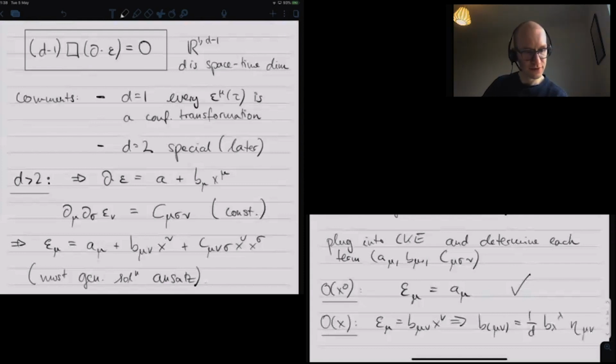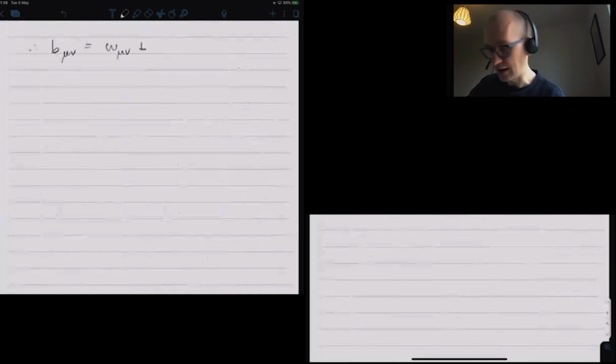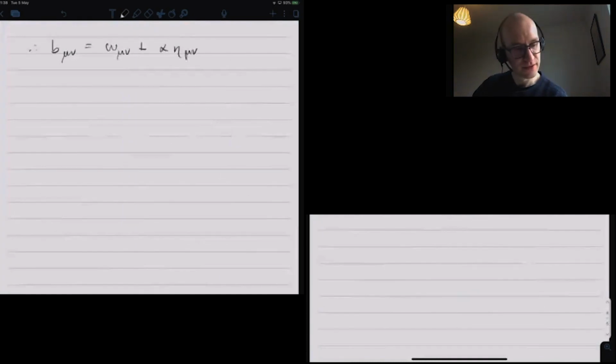So that means that B mu nu has some antisymmetric part plus alpha times eta mu nu, where omega mu nu is an arbitrary antisymmetric matrix, which is going to be our Lorentz generators, and alpha is a parameter.